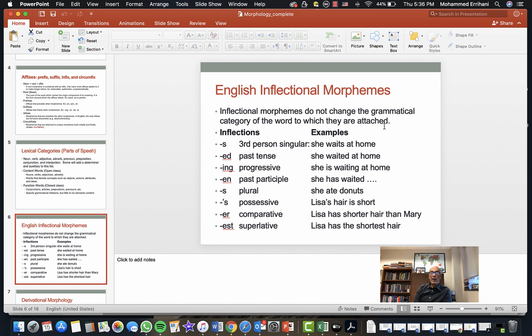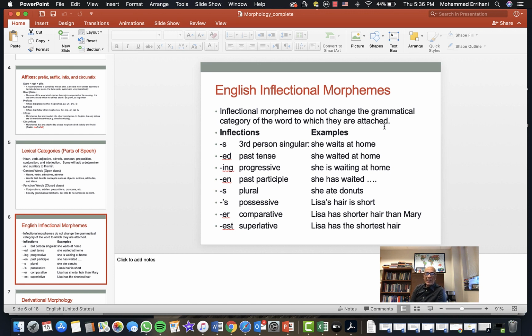Even though you have ed in waited, it's not really the meaning of a past participle. A past participle is what we call the third form of the verb, because every verb has at least one form. A simple form, so let's say the verb to see, the simple form is see, the past is saw, and the past participle is seen.